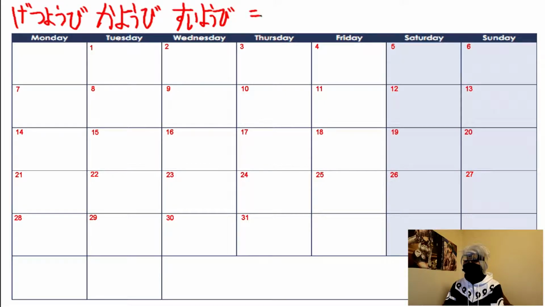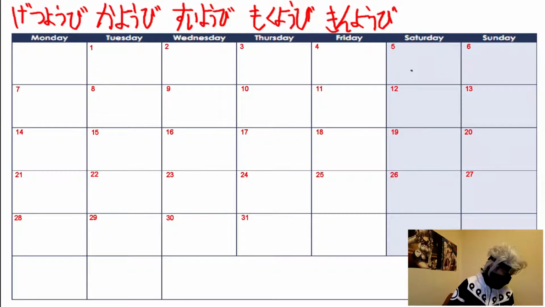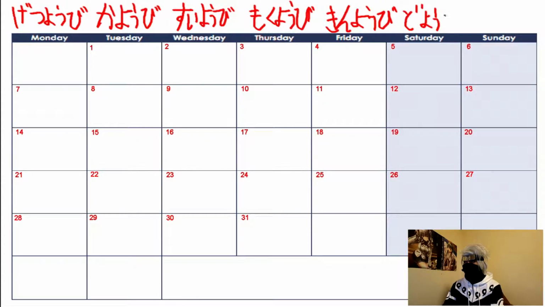Thursday is mokuyobi. Friday is kinyobi. Simple. Saturday is doyobi. Sunday is nichiyobi.